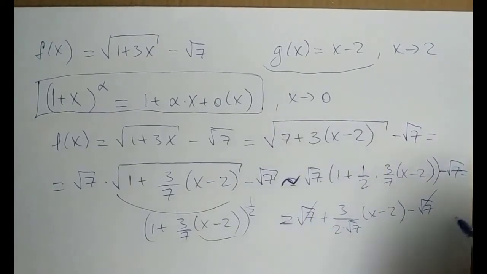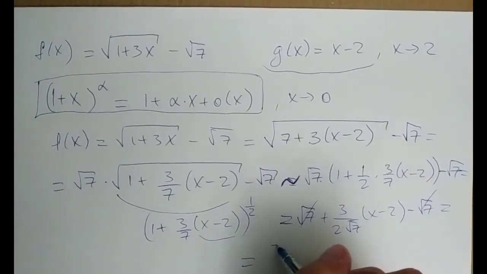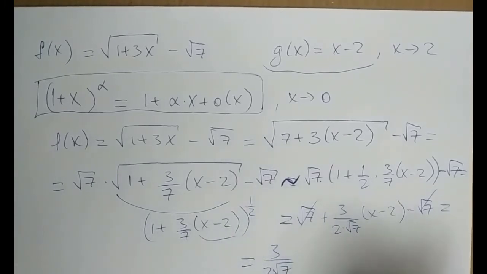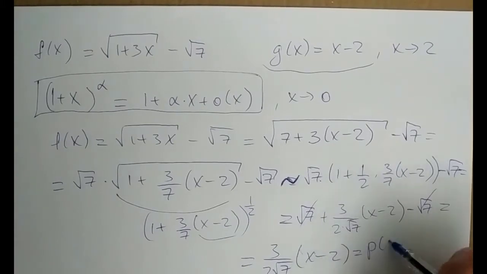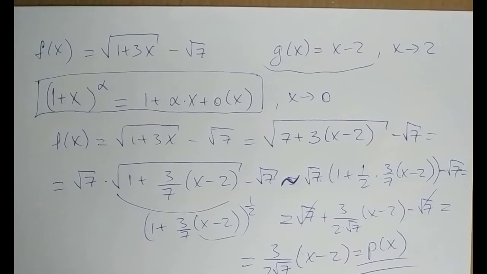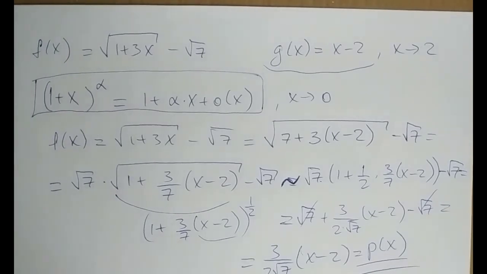They are cancelled, and we have just 3 over 2 times square root of 7 times x minus 2. This is our principal part, equal to p of x. This is our principal part function with respect to test function g of x, principal part of f of x, as x tends to 2.